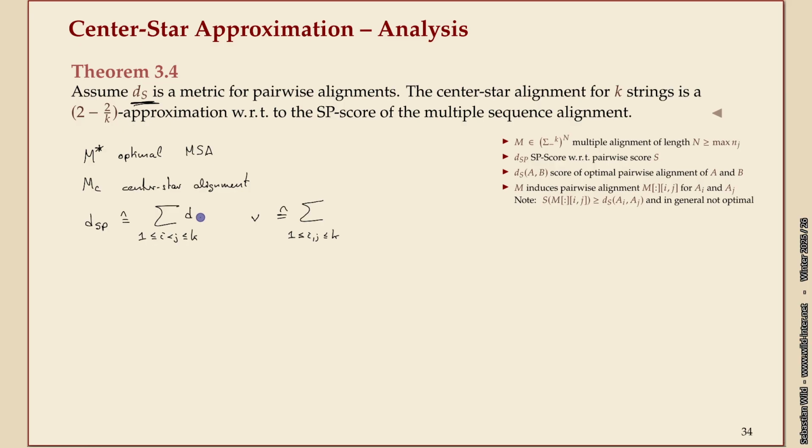So here, what do I want? It's the score of the multiple alignment zoomed into I and J. Let's just say in general these are for the two sums.